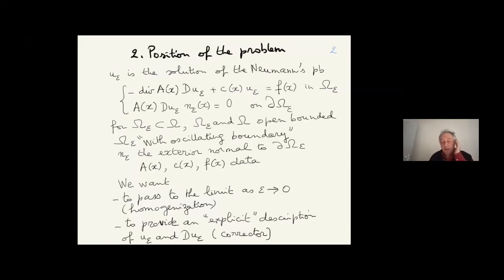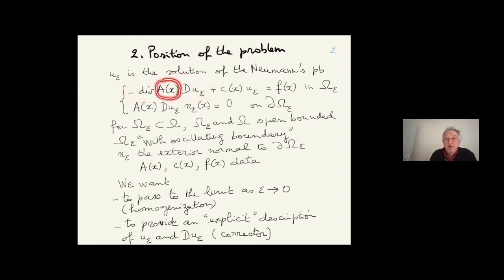Okay, the position of the problem is the following. I am looking for u^epsilon, which is the solution of a Neumann problem. So Neumann boundary condition. The problem is minus divergence of A of x gradient u^epsilon plus C of x u^epsilon equals F of x in Omega^epsilon. So this operator here is a second order operator, of the type of the Laplacian, but with L infinity coefficients.